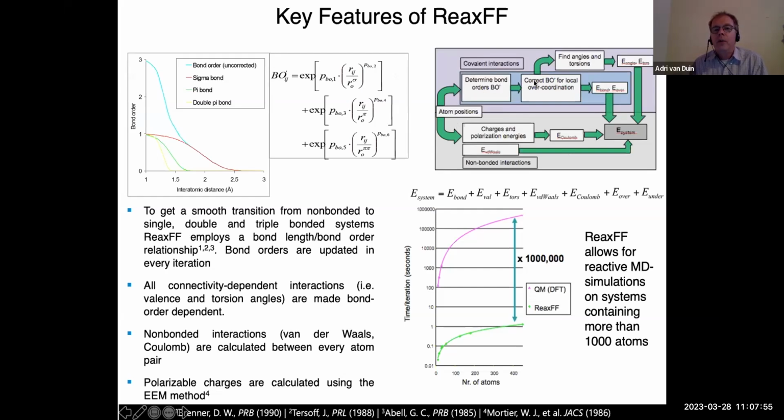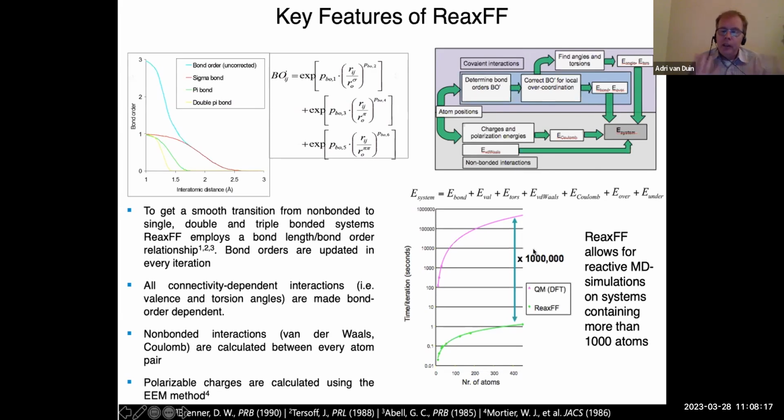We calculate bond orders, they get corrected for over-coordination, we find angles and torsions, and we calculate the various energy contributions. At the same time, we independently calculate the van der Waals and Coulomb interactions, and these then get added up to system energies and associated forces. We can then integrate that in the regular molecular dynamics concept.